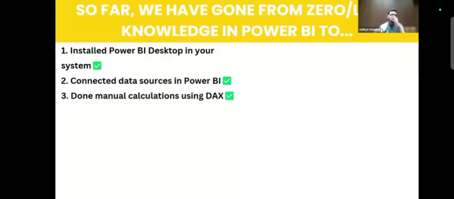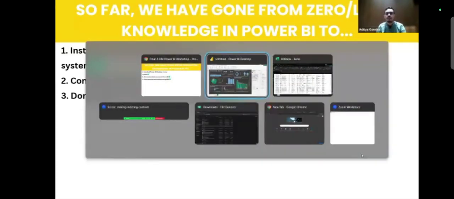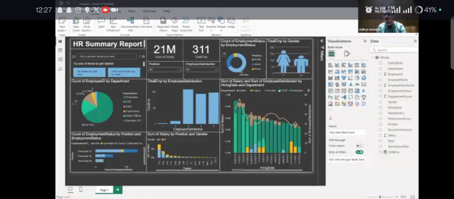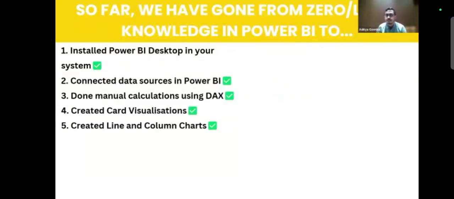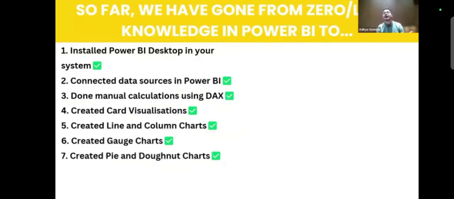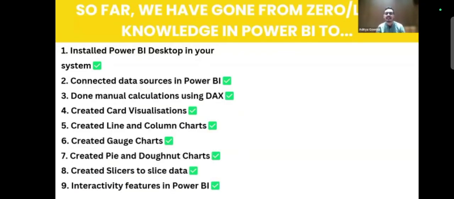Then we learned about doing manual calculations. We did manual calculations not with DAX, but by creating new measures. How many of you remember the new measure that we created for total employee? Then we learned to create different sorts of card visualizations, line charts, column charts, gauge charts, pie charts, donut charts, and slicers to slice our data.